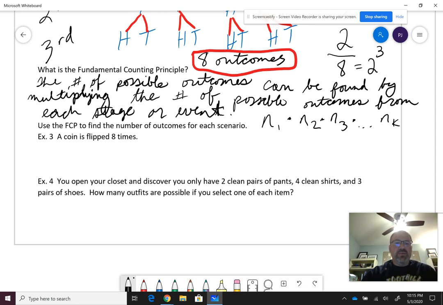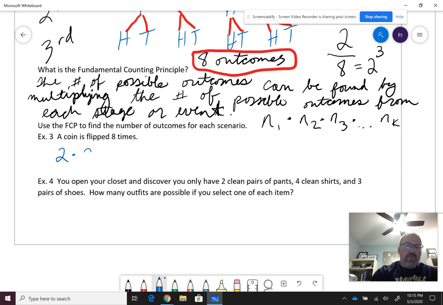So let's use, again, fundamental counting principles to find the number of outcomes for each scenario. If a coin is flipped 8 times, instead of writing this out like I did in example 2, now we're just going to use this FCP principle to come to our solution here. We know a coin has 2 possible outcomes, heads or tails, and we're going to do that 8 times.